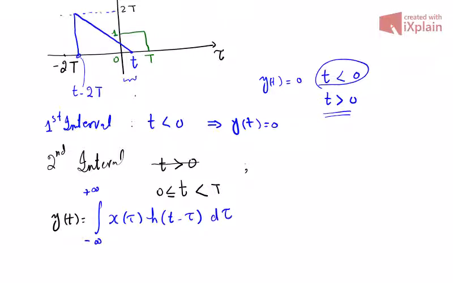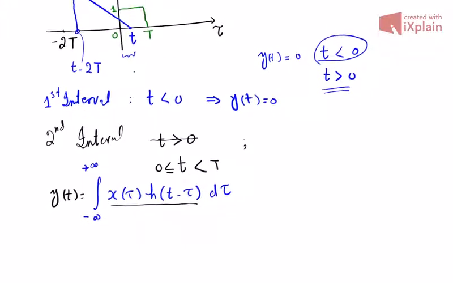We solve this integral. Now we can see the product from the figure. This product is available here only. 1 multiplied by h of t minus tau, this function is t minus tau, we have to evaluate.